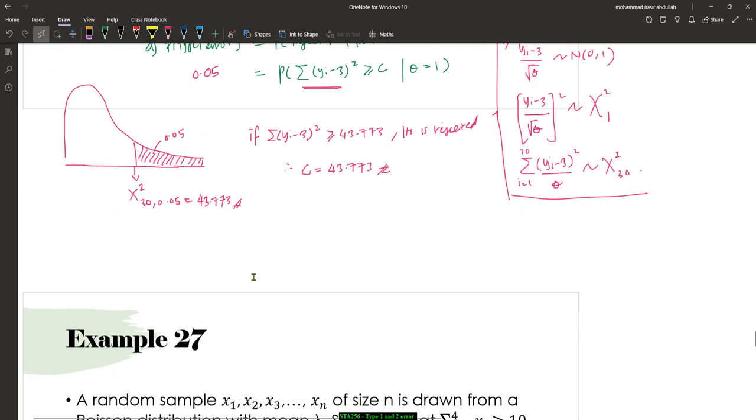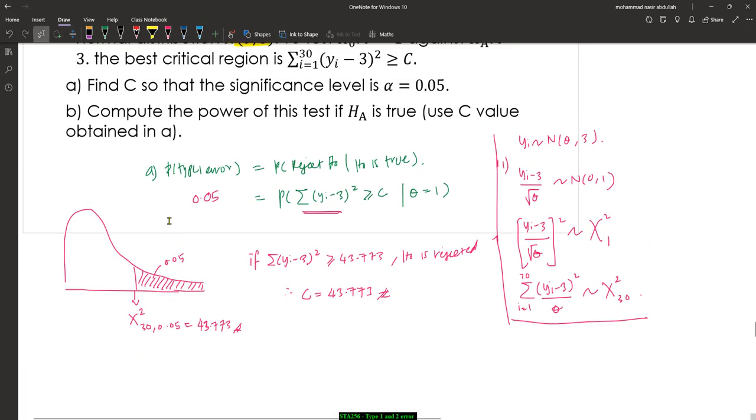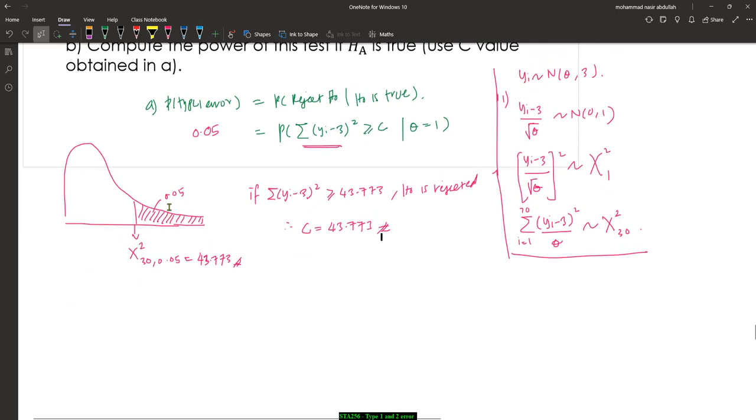So the next question is we want to compute the power of the test if the alternative hypothesis is true. Use the C value obtained in A. So to find beta, which is the probability of type 2 error, which is equal to the probability of accepting the null hypothesis when the null hypothesis is false.